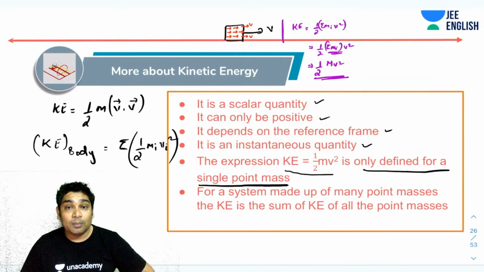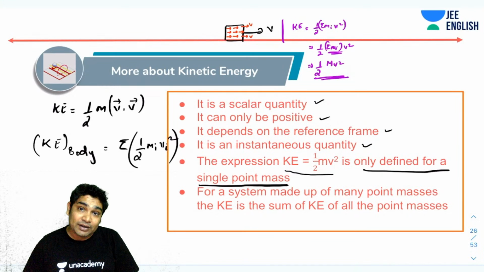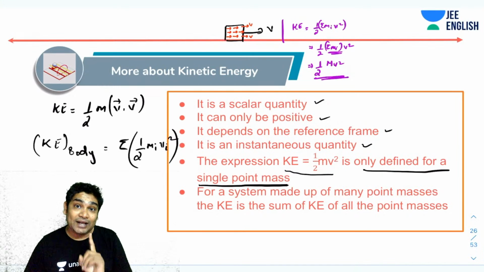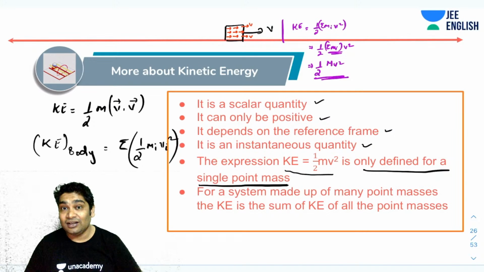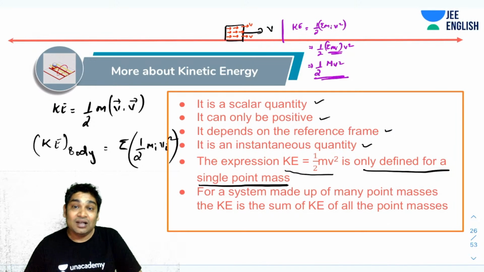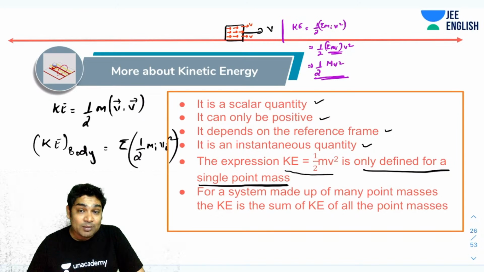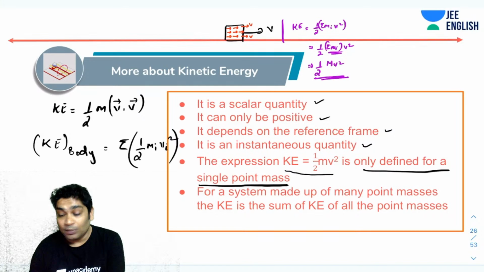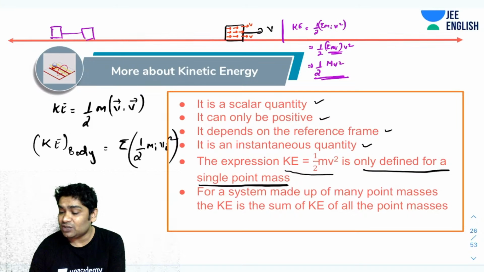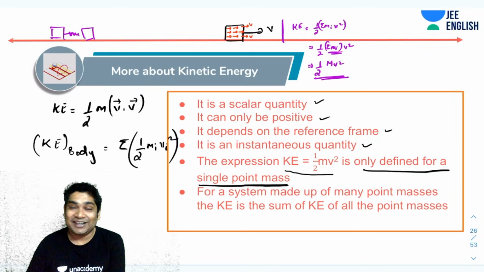But please note that half mv square is defined only for point masses. Okay. For big bodies, it may be equal to half mv square if the big body is a rigid body that is translating with a velocity v. But if it is a non-rigid body where different masses may be moving with different speeds, so for instance, you may have a collection of two masses which are connected with a spring. You could have had two masses connected with a spring.